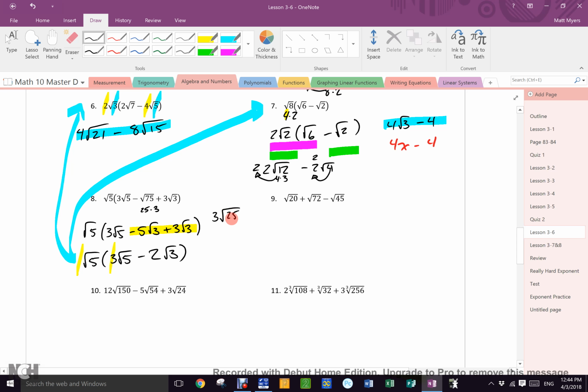What's square root of 25? So that's 15, isn't it? Okay. And then what do I do with the 5 and the 3? Minus 2 root. And what do I do with the 5 and the 3? Multiply to get 15.